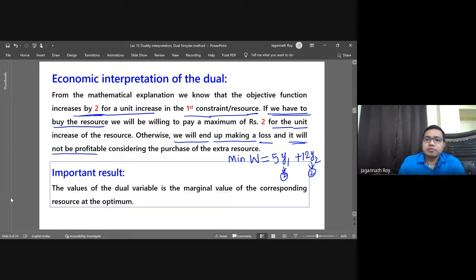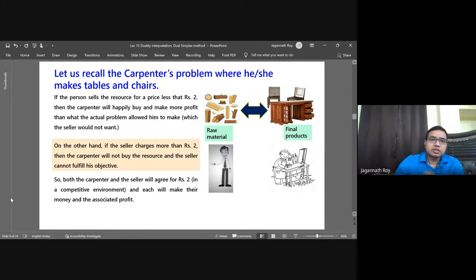Now, if we want to understand in more detail, let us recall the carpenter's problem, where he or she makes tables and chairs for selling purposes. This is a table and chair manufacturing company. If you are working in this company, then this carpenter will try to buy the raw material from the supplier.